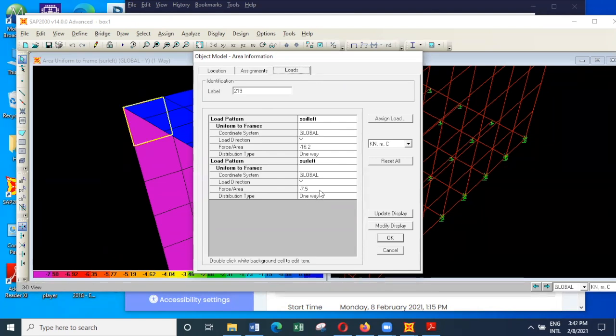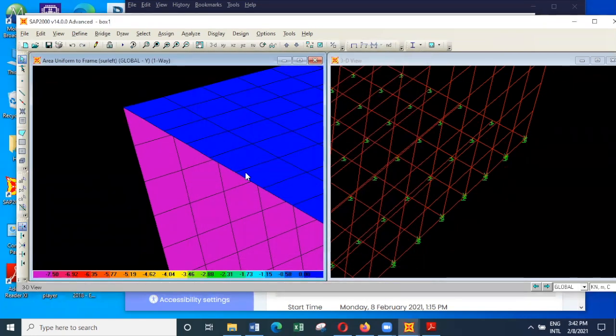The reason is surcharge is 12 multiplied by 0.6, and that is 7.2, not 7.5, kilonewtons acting in the lateral direction. So I've entered it as 7.5, should be 7.2.